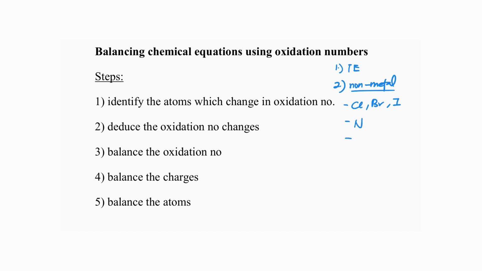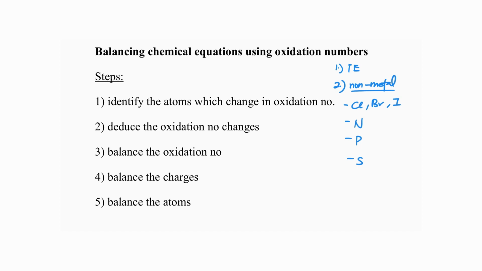We have also nitrogen, phosphorus, and sulfur. These are the elements that have variable oxidation number, so normally we will focus on them in getting the atoms which change in oxidation number.